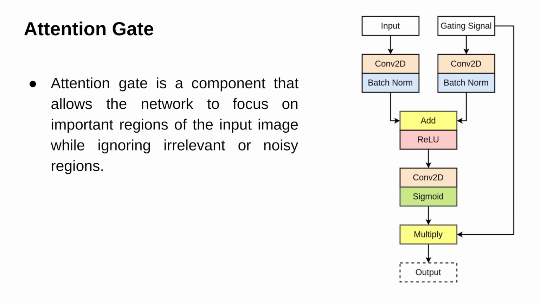Just imagine it as a single value, let's say 0.1. If you multiply 10 by 0.1, it becomes 1. So the value decreases from 10 to 1. This is how it decreases the irrelevant features. Now let's say the output of sigmoid is 0.9.